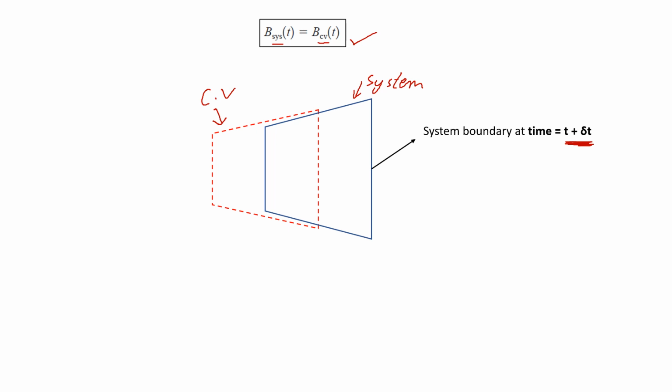So now we will write this equation for this scenario. What happens to this equation when we apply it on this scenario? Here we will have two portions, because in the previous case the system and the control volume were coinciding, but now they are not. So we will have two portions. One is 1, this is 2, or if we use Roman letters that will be good. I will use Roman letters.